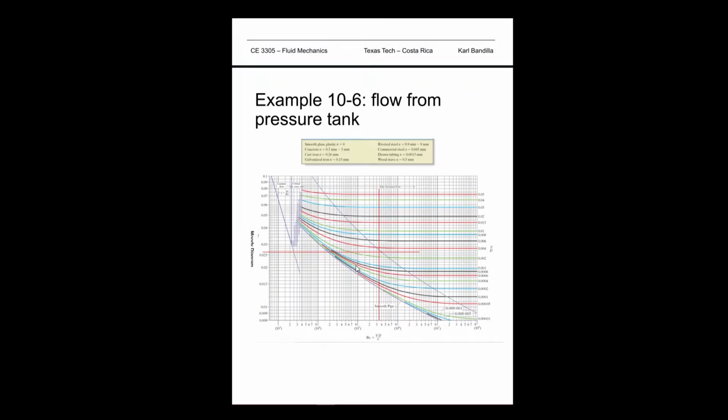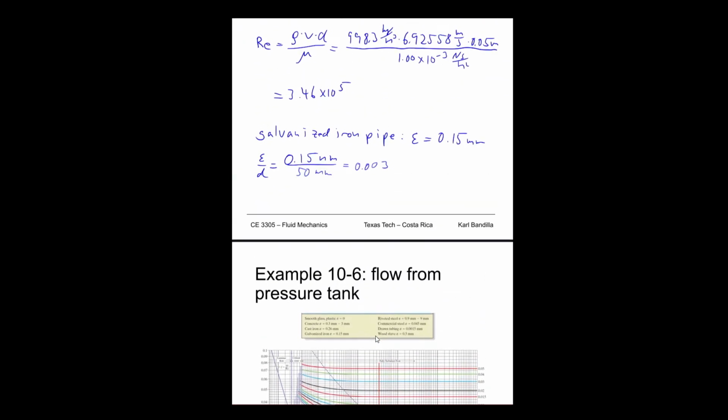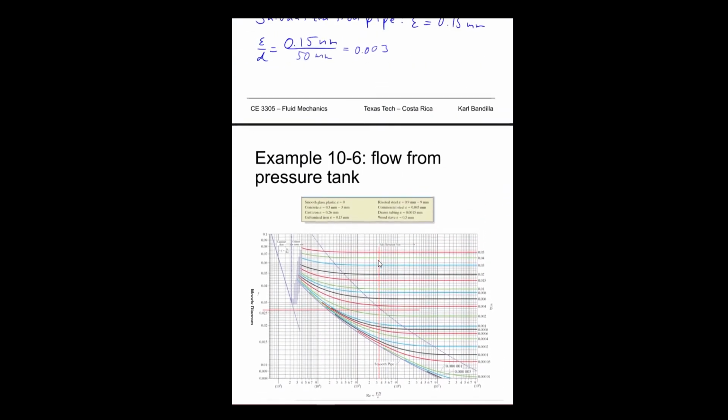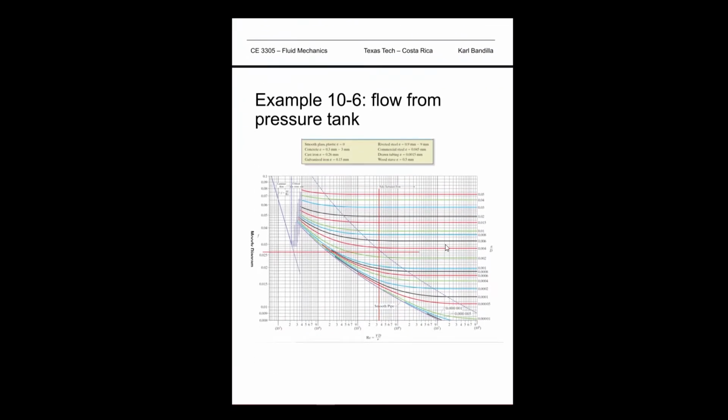So now with our Reynolds number and our roughness, we can go into our figure and read off what our f is. I already put the lines in. So we said it was 3.46, so it's just below 3.5 right here, and we said that we had 0.003. Now 0.003 isn't there, but it's just halfway in between here, more or less. So we can just look at where the halfway point is.